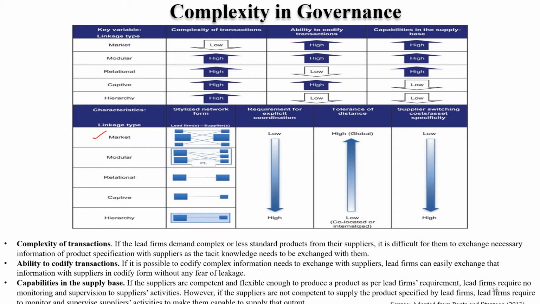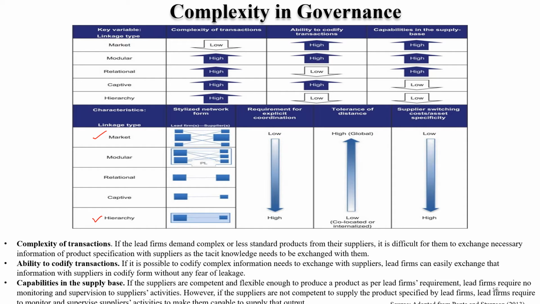On the other hand, another extreme could be a completely hierarchy based relation, where there is significant control on the supplying firm. Apart from that, there could be other types of linkages. It could be modular based linkages, where some modules can be taken out. It could be a captive relationship, or it could be a kind of relational module.